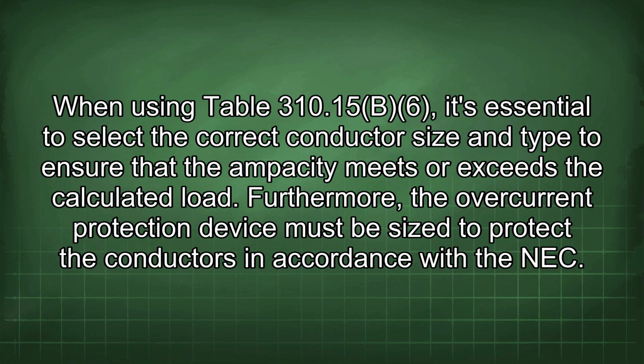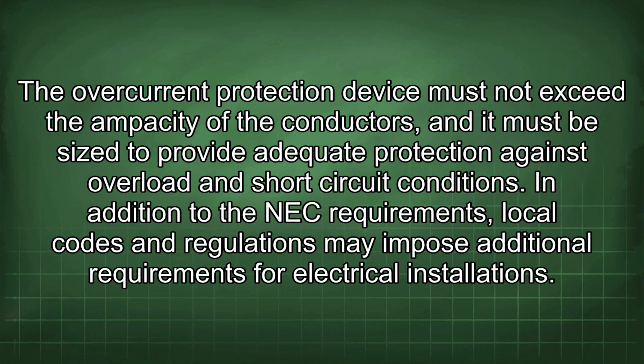Furthermore, the overcurrent protection device must be sized to protect the conductors in accordance with the NEC. The overcurrent protection device must not exceed the ampacity of the conductors, and it must be sized to provide adequate protection against overload and short-circuit conditions.